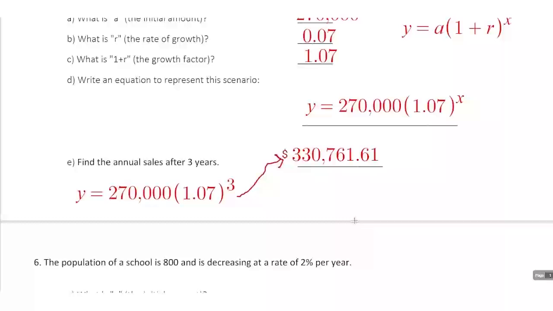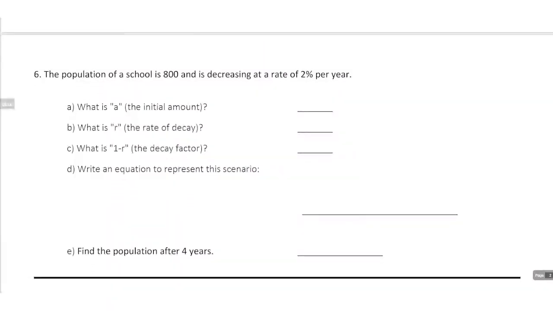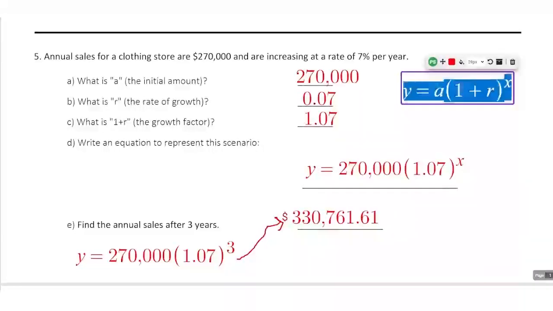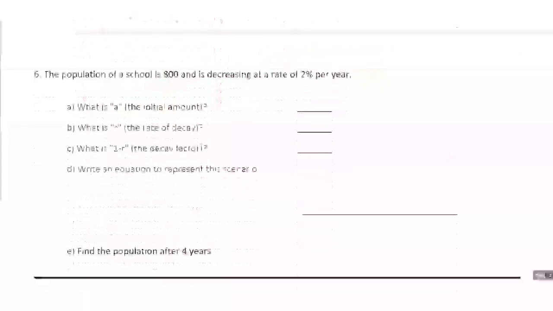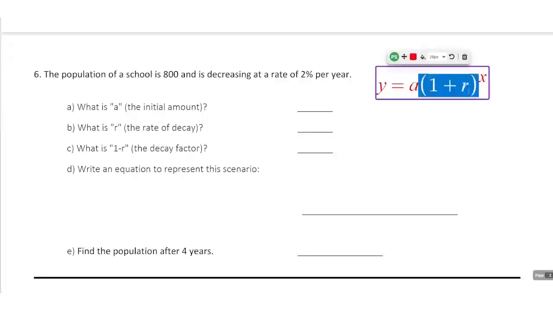Number 6 says the population of a school is 800 and is decreasing at a rate of 2% per year. So this is going to be an exponential growth equation. It's going to be very similar to this growth equation. I'm sorry, I think I misspoke. This is going to be an exponential decay equation. So instead of being 1 plus r, it needs to be 1 minus r.